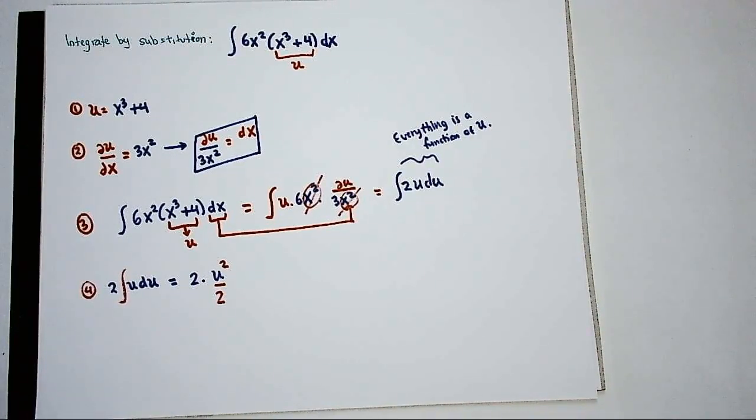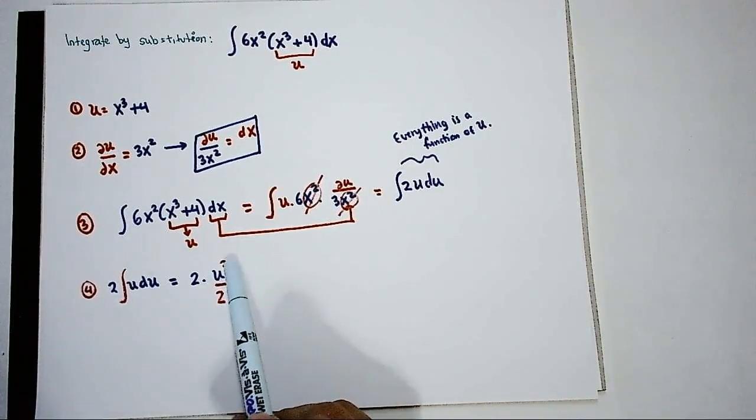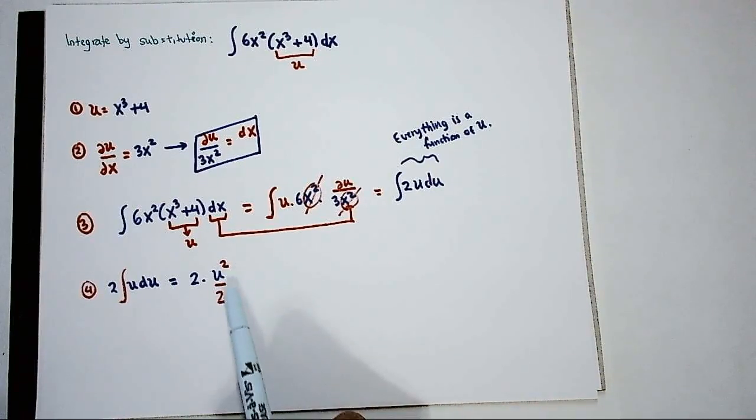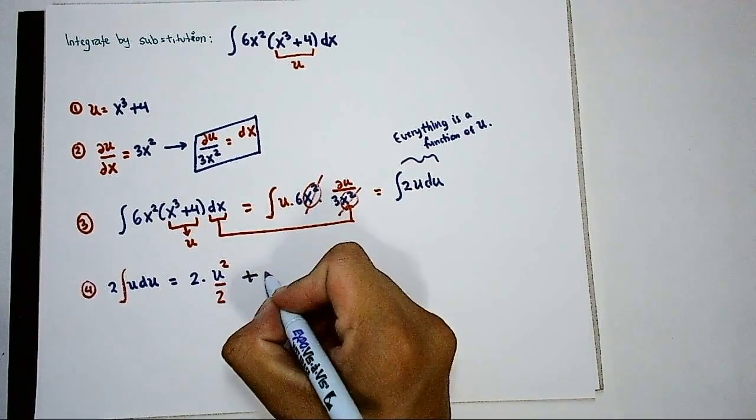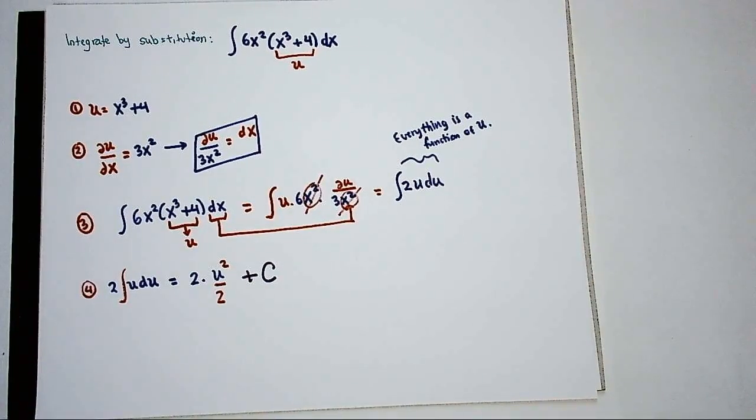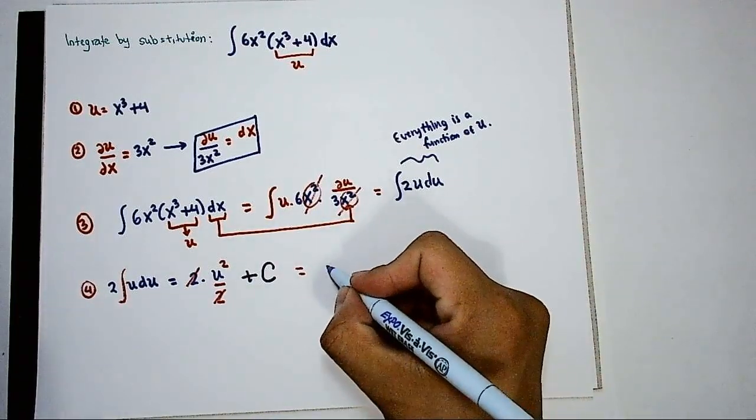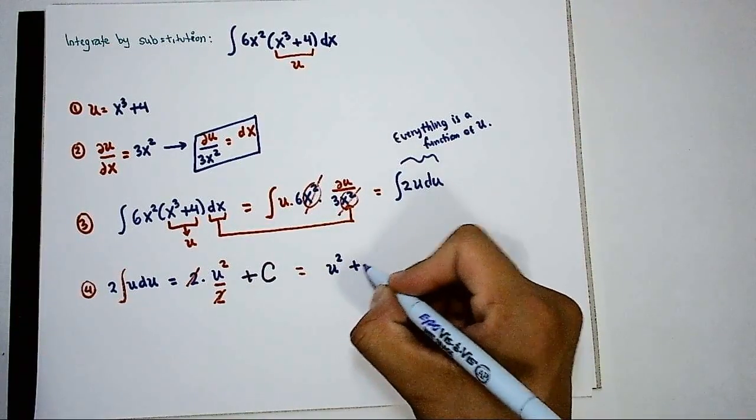What we normally do is add 1 unit to the exponent, so 1 plus 1 is equal to 2, and we divide the whole term by the new exponent, which is 2. And because this is an indefinite integral, we need to add plus c. Notice from here that we can simplify 2 and 2. This means that this becomes u squared plus c.